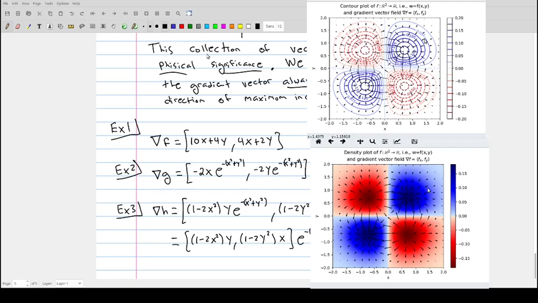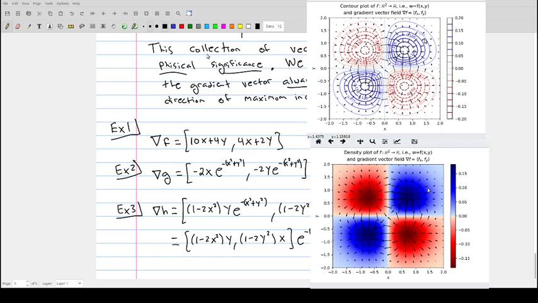It's pointing in the direction of fastest increase of the function. And at points where the function is decreasing or going down, it's also pointing away from the minimum of the function, the lowest value of the function.